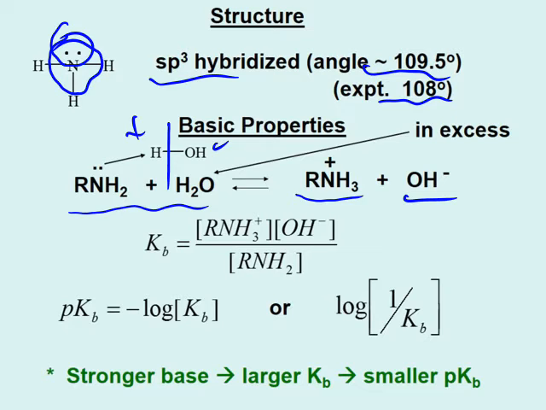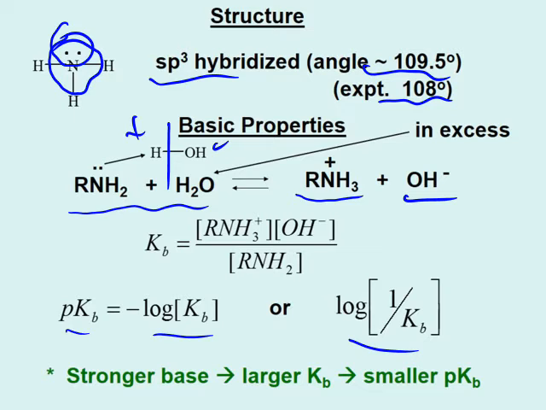Now, if you want to write down the equilibrium expression, we call it the equilibrium constant or base equilibrium constant, Kb: product concentration on the top, RNH3 plus times OH minus, divided by RNH2. Then from here you can get pKb, which is minus log of Kb.